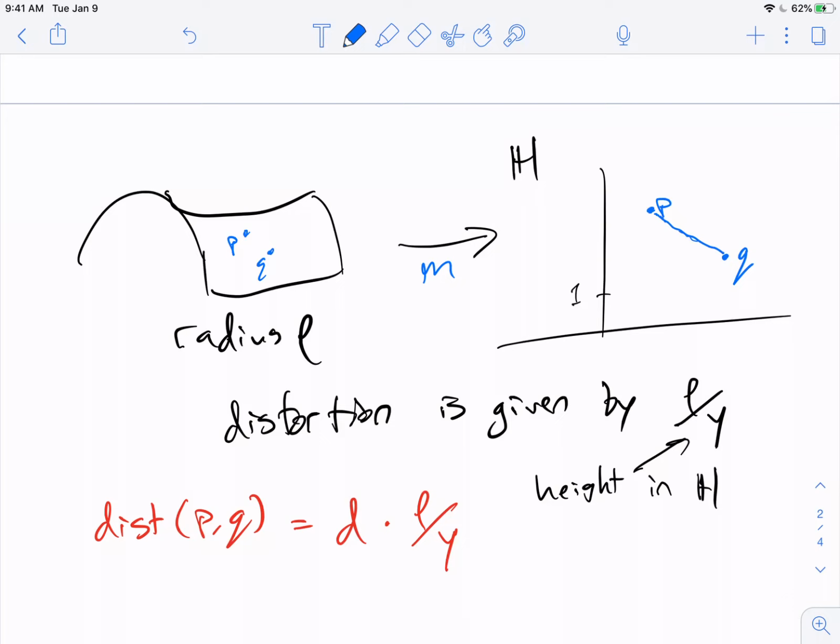And so in that case, if I wanted to actually calculate the distance, I would have to do an integral, a line integral actually, along this line, because this y value is changing. And we're going to do something like that in the next lecture.